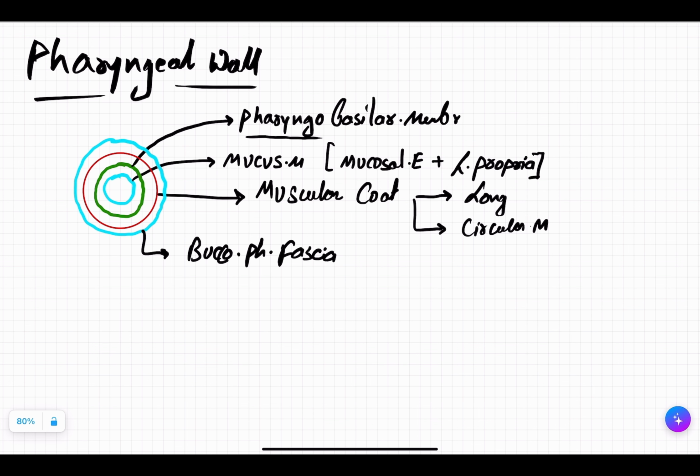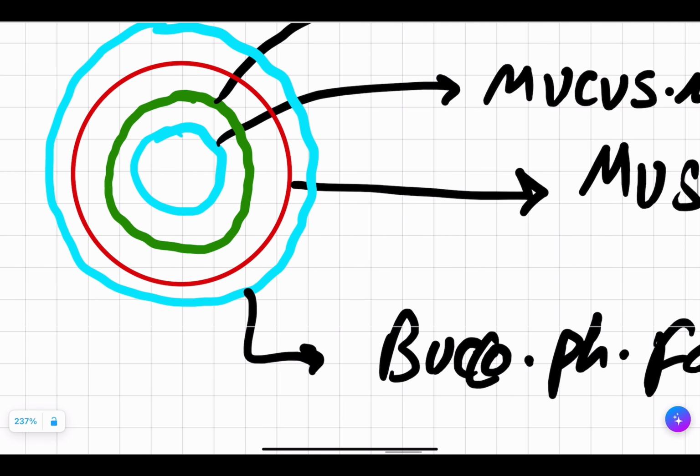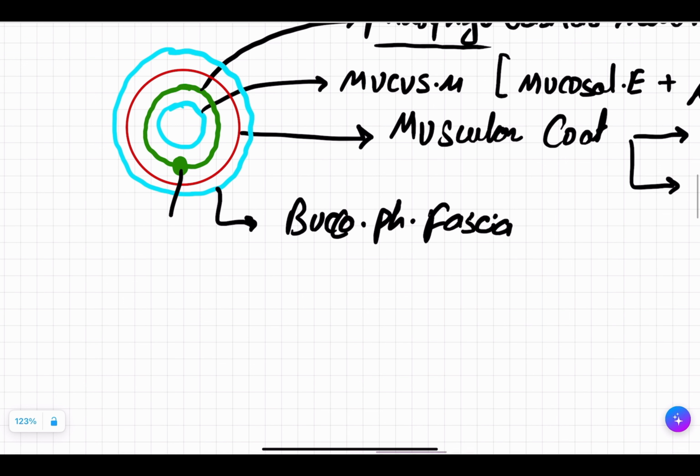Now, one more thing, guys. You see the second layer we have here, pharyngobasilar fascia or the pharyngobasilar membrane. Here, on the posterior wall, you will see there is a thickening. This thickening is not present in just one part.